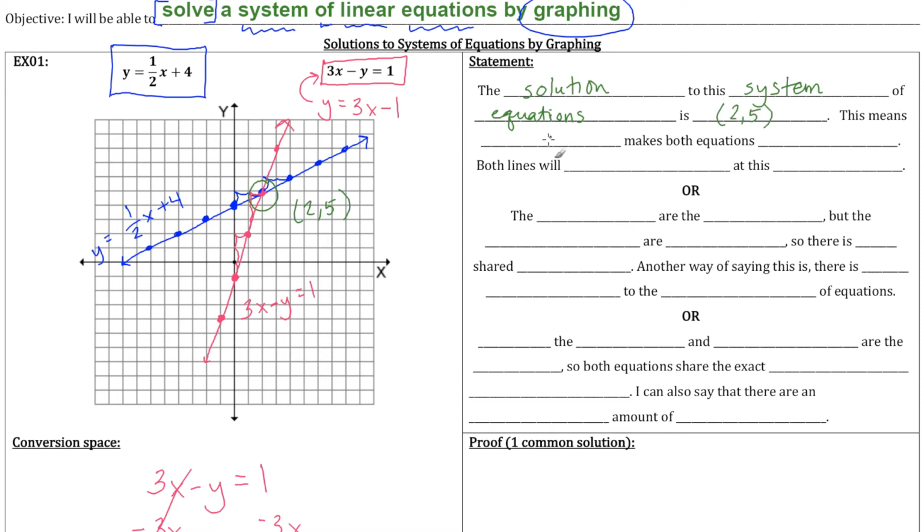This means 2 comma 5 makes both equations true. Both lines, so let's think about them in terms of lines. So both lines will intersect, or you could say share, at this point, but I like to say intersect. Intersect at this point.